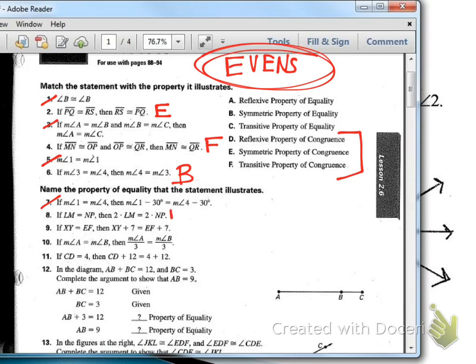So this is the multiplication property of equality. Alright, number 10, what did they do to both sides? Divide. So this is the division property of equality.